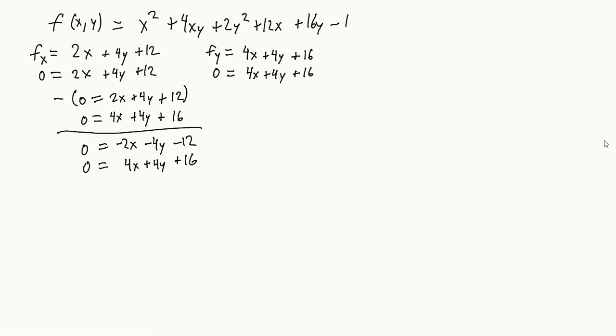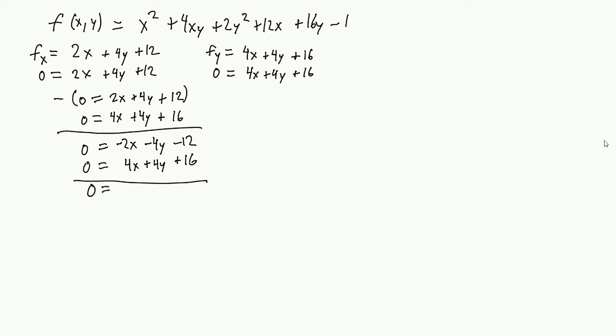So you can multiply one or both equations by whatever is necessary to make that happen on one of your variables. And again, it doesn't matter which variable you're doing. I chose to do y here since they already had the same number in front of them. Once you get that, you can actually add the equations together. So 0 plus 0 is 0.